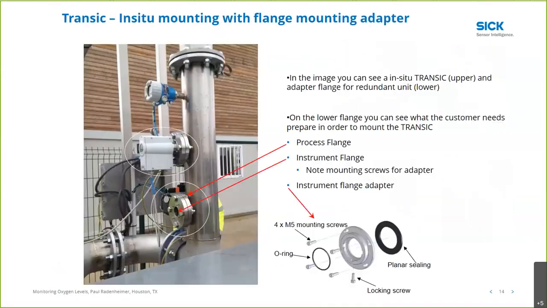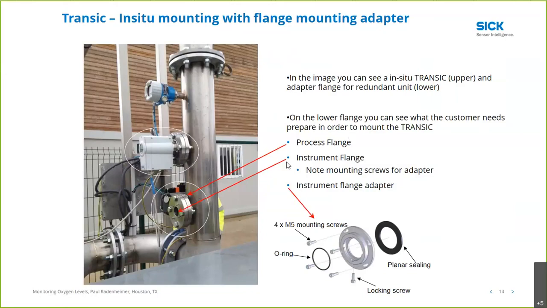Here we can see an in situ version of the cell. We have on the top the first of two redundant units that are installed in the vent line on some storage tanks. As you can see in the bottom example where the transmitter has yet to be installed, there is a process flange that's attached directly to the pipe.